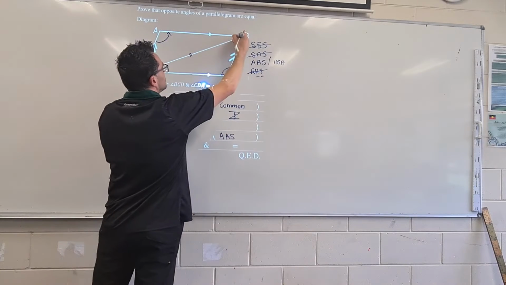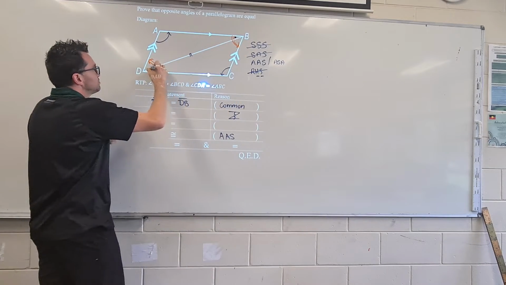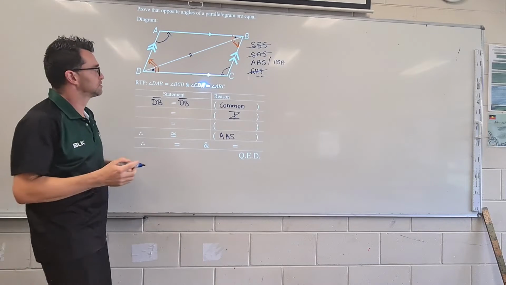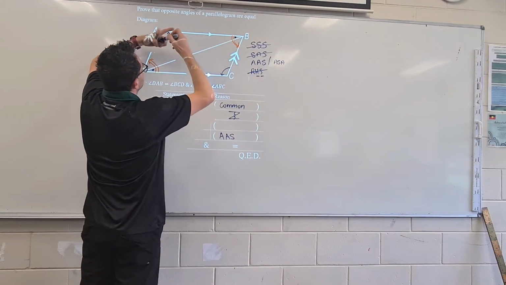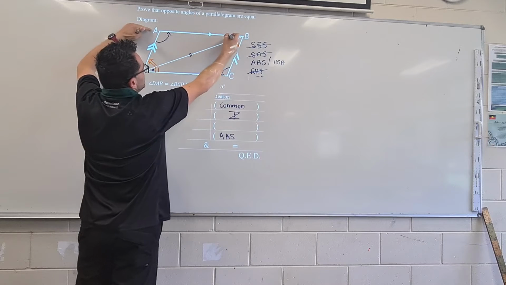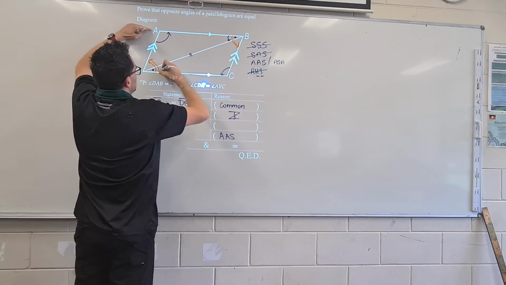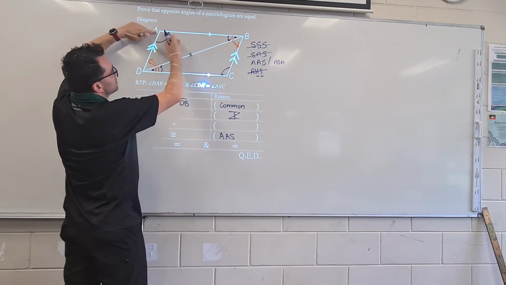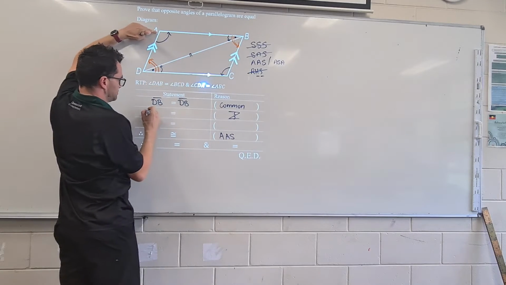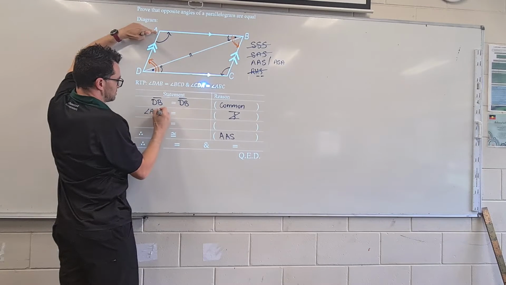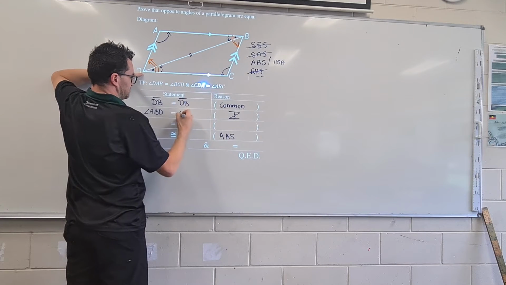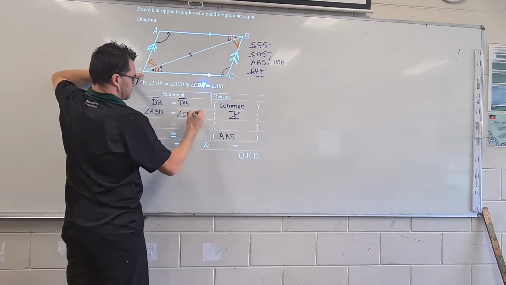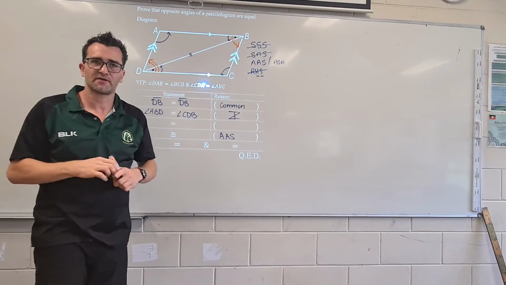So we've got our two parts of our Z must be equal. So we need to use our proper naming convention. So once again, we're going anti-clockwise. So ABD and anti-clockwise CDB. Great work, we have one done.